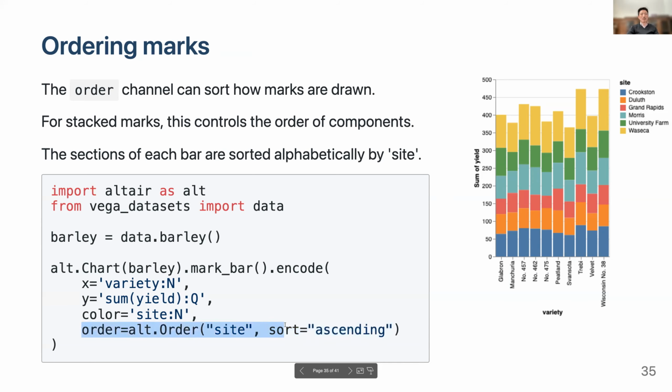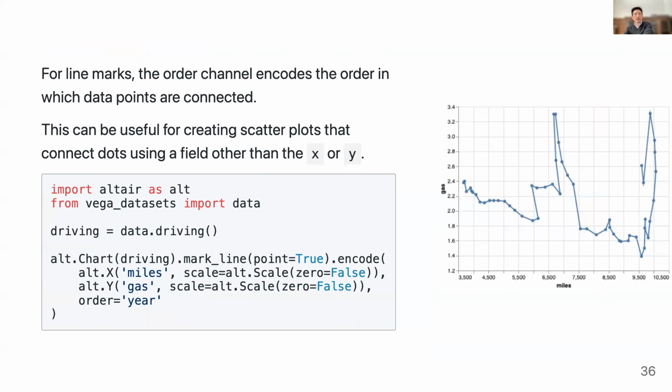So this is how you do the sorting. And this is another one, a line chart to show the changes. And then you can sort the order of these points.